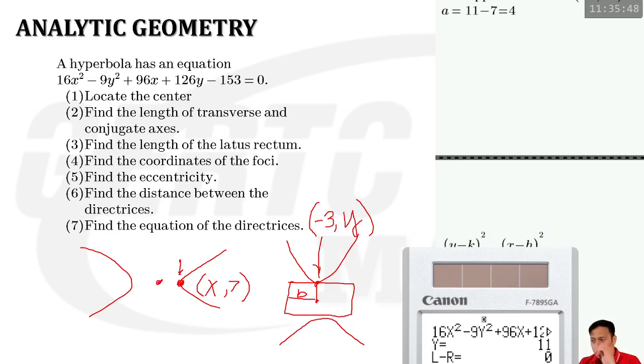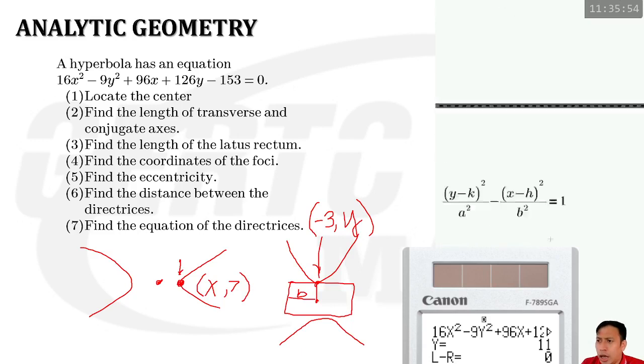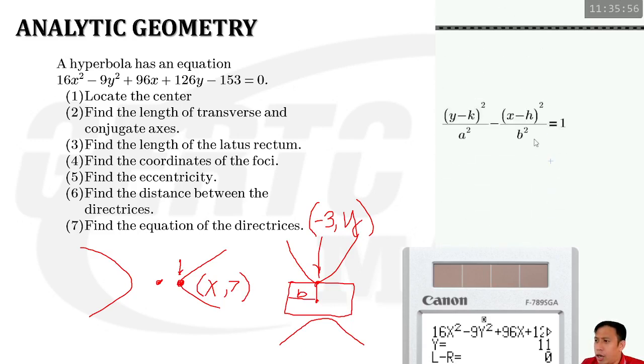The equation looks like this. Actually, I think I could get the value of b now. Earlier, we got a equal to 4, and also h was equal to negative 3 and k was equal to 7.